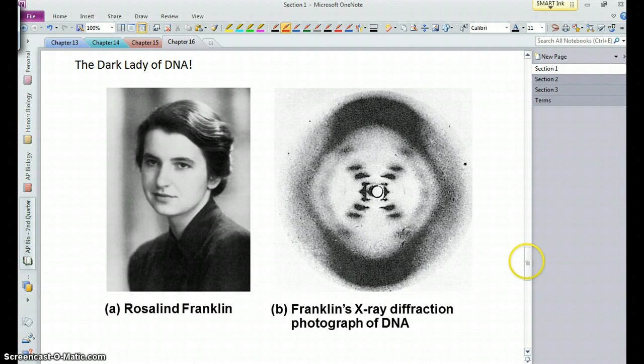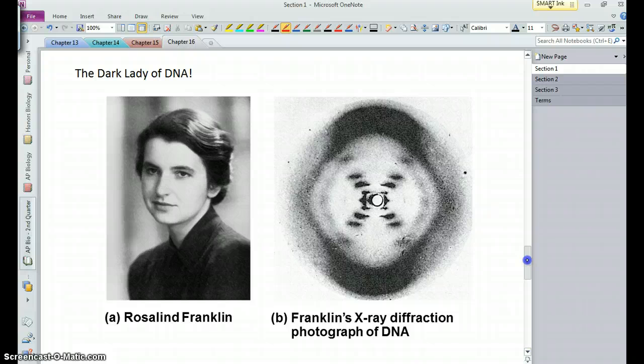By shooting these X-rays at the crystalline form of these molecules, the X-rays bounce off and you have film behind the molecule, and essentially where the X-rays are hitting is where the film gets exposed. When you do this with different molecules, you get different kinds of patterns. And here with her photo 51, this X-shaped pattern is apparently, if you're an expert on X-ray crystallography, characteristic of a helical-shaped molecule.